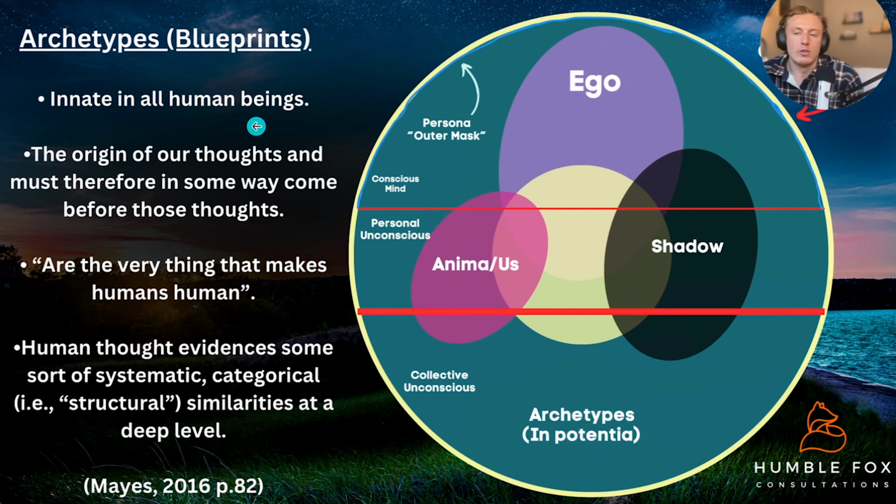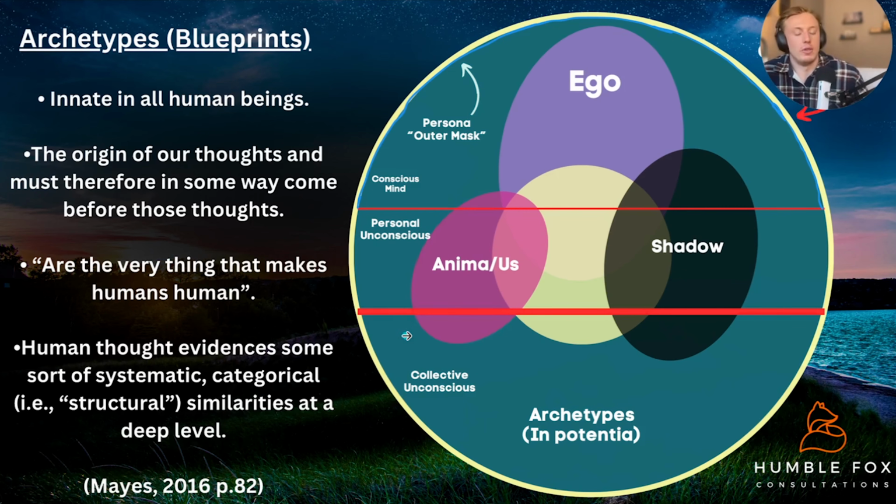So a couple aspects of archetypes is that they are innate in all human beings. They are the origin of thoughts and must therefore in some way come before those thoughts. And so what that means is that we all have a very similar way of thinking, but that may become different and more personalized as that thought basis moves through the collective to the personal to the conscious mind. They are the very thing that makes humans human.